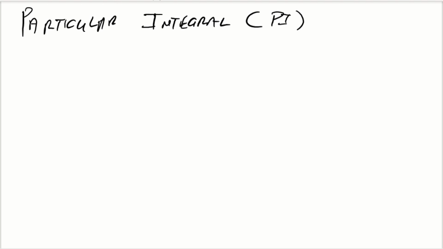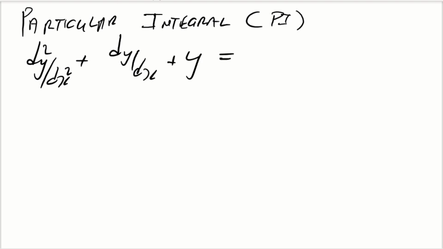Basically I'll just write a random equation: dy over dx squared plus dy over dx plus y. In this case, for particular integral, the equation is equated to Q. This Q can be any function.